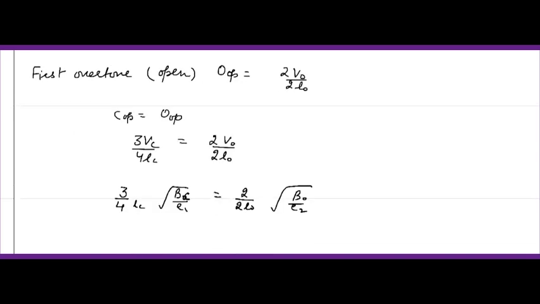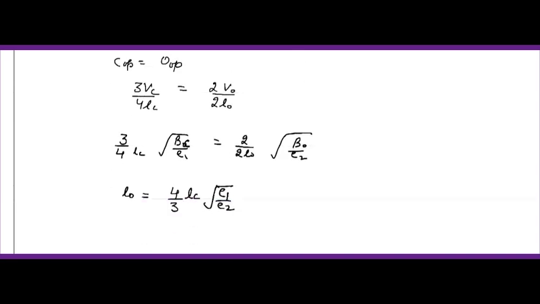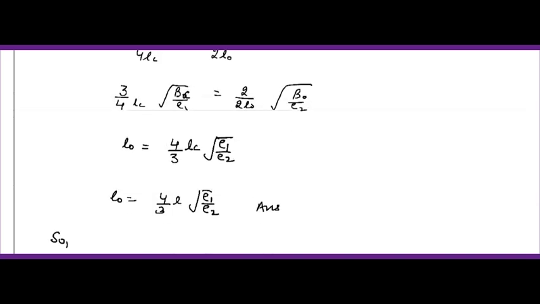So as we have to find L naught, 3 by 3 root ρ1 ρ2, as they have given that this is equal to L. So L naught is equal to 4 by 3 L root ρ1 ρ2. This is our answer. So we can say that this option is correct.